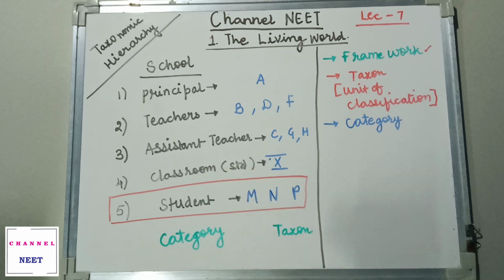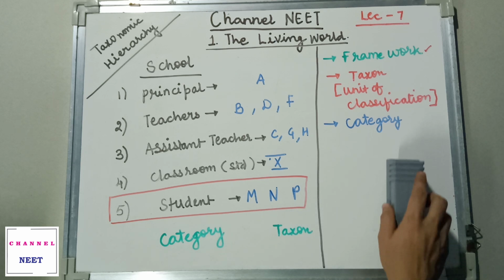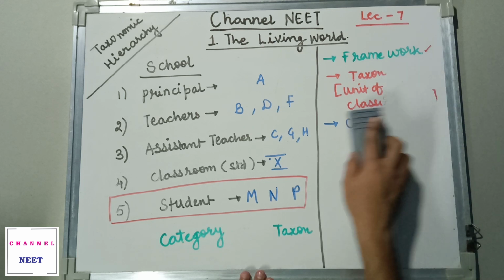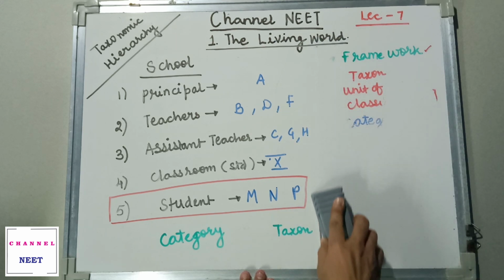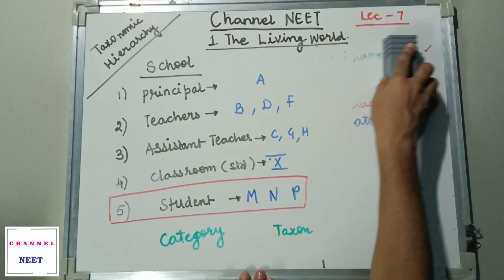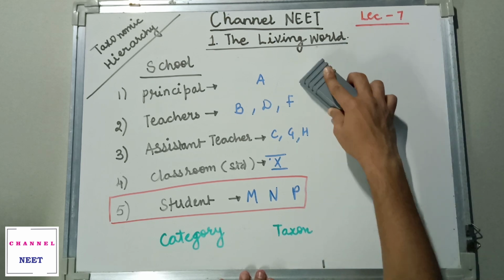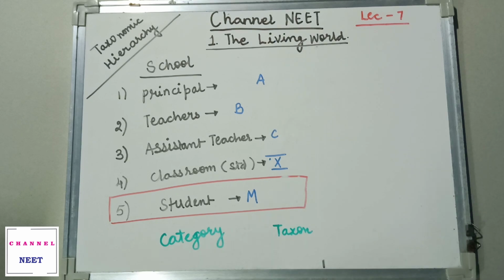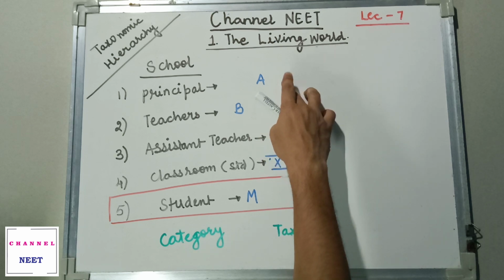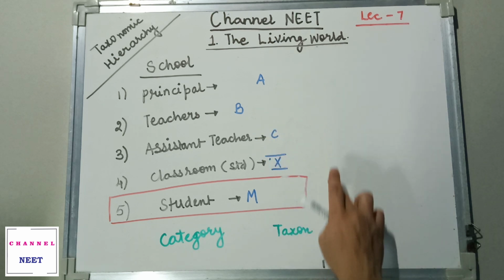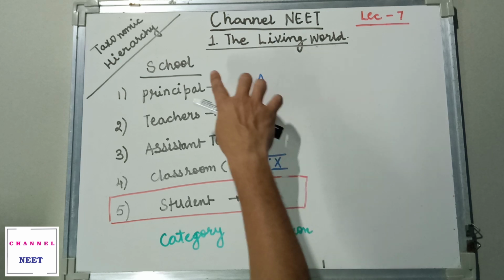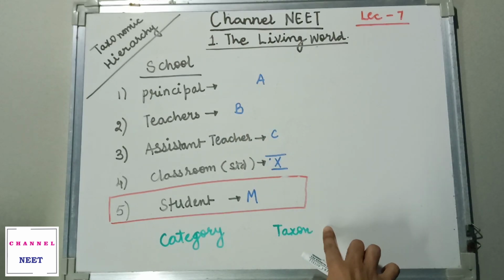Okay, I'm moving further with some more information with respect to the taxonomic hierarchy. Now in taxonomic hierarchy, I want to discuss something more. In the hierarchical system you are going to get a descending order.